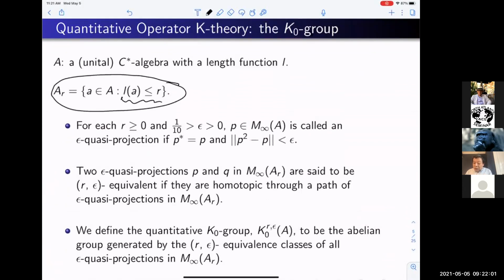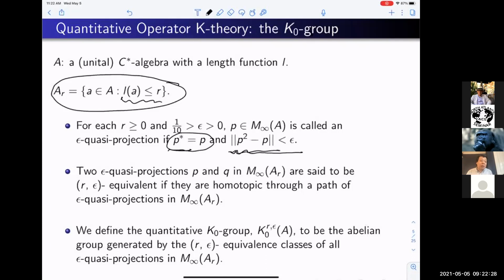The only thing is, if we want to do this, we cannot restrict ourselves to projections or idempotents. We have to be a little bit more flexible. Instead of considering projections or idempotents, we can require the element to be self-adjoint. I'm going to ask only for a so-called quasi-projection.